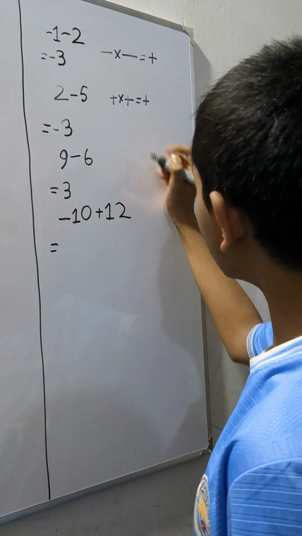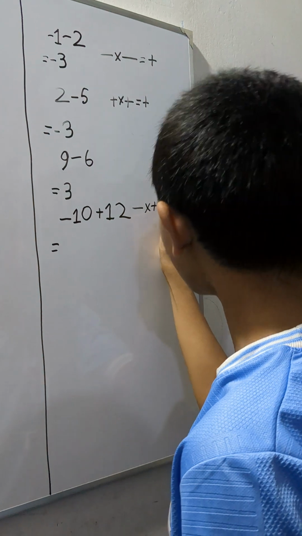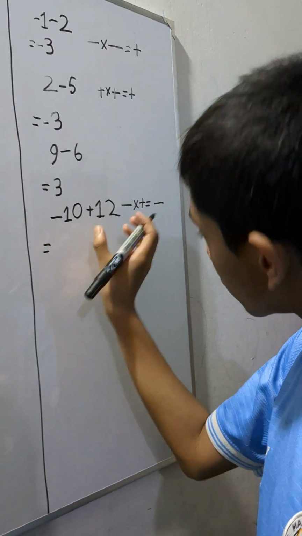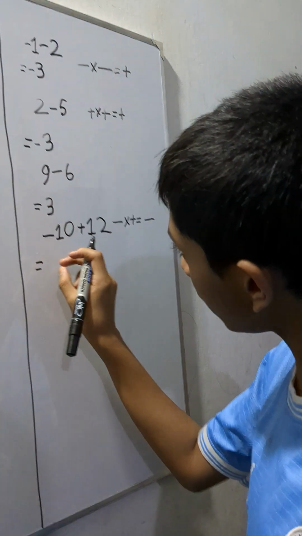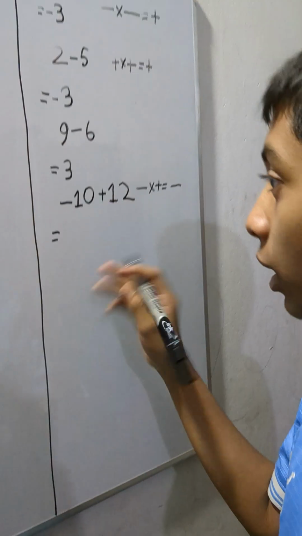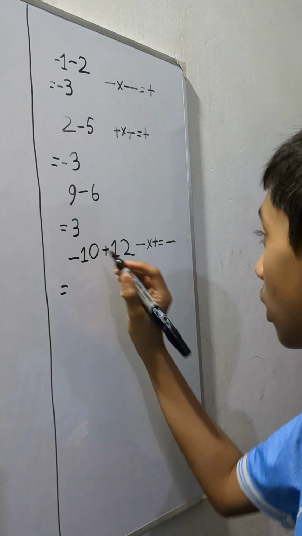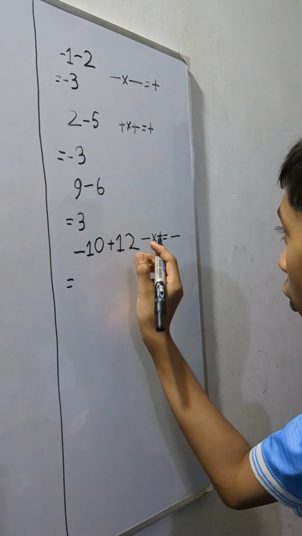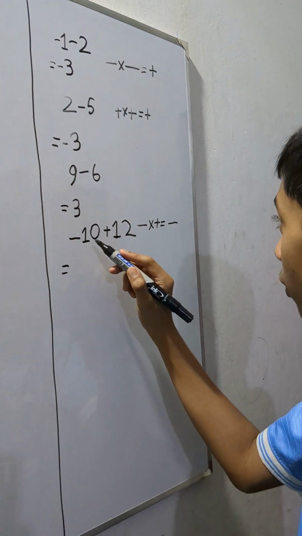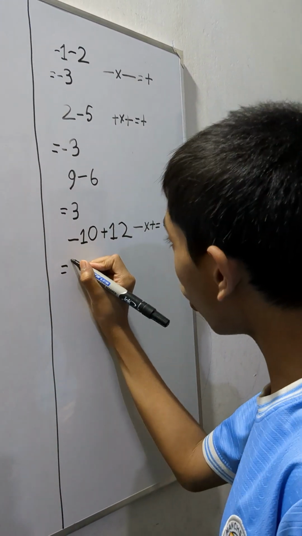And we know if we multiply minus with plus, then it will be minus. So we will subtract this math and the result will be in plus. If we deduct 10 from 12, then it will be 2. So the answer will be only 2.